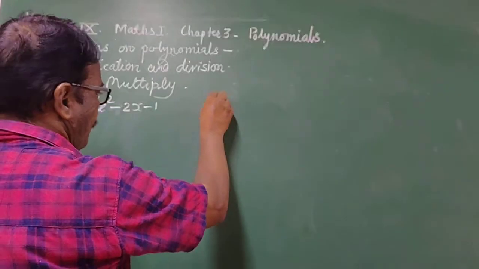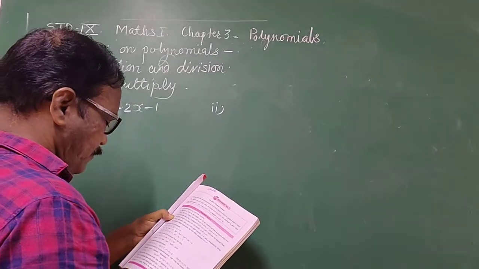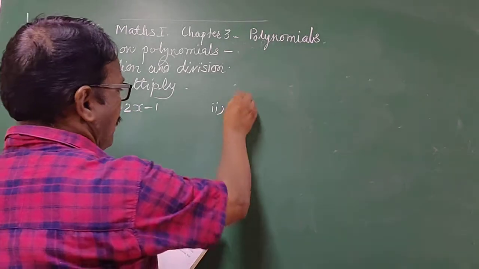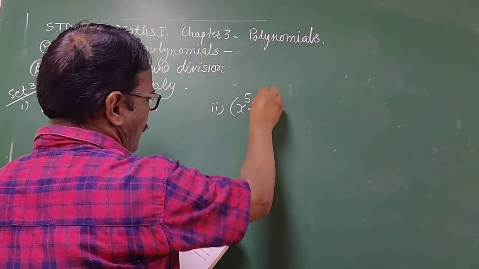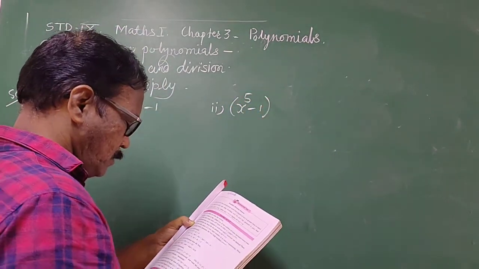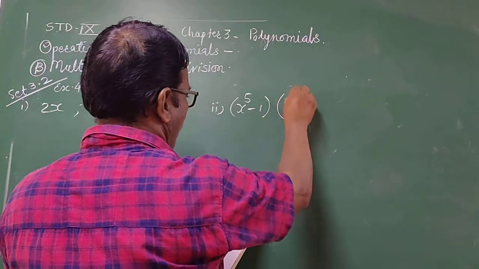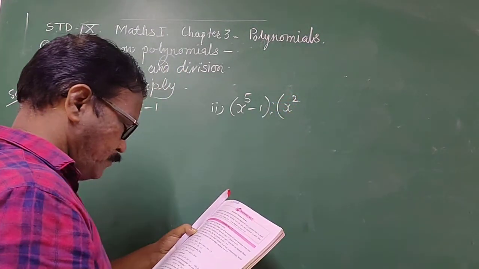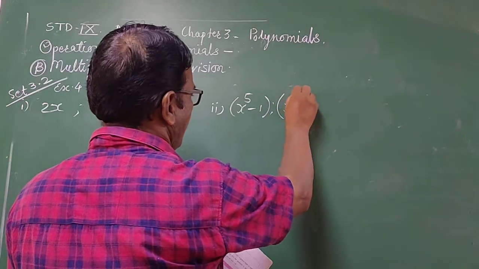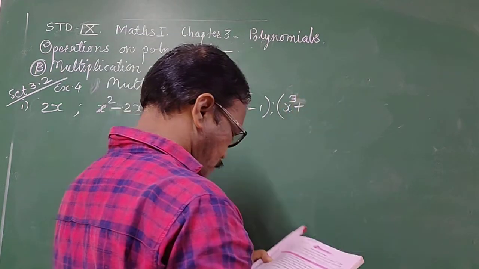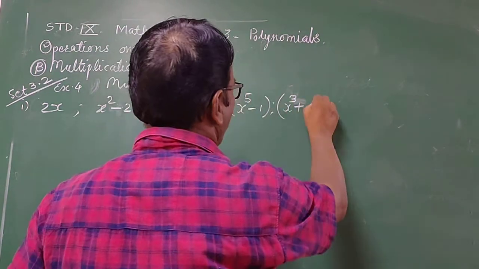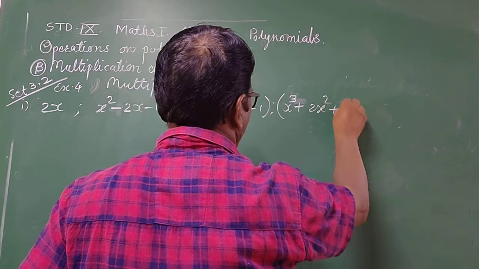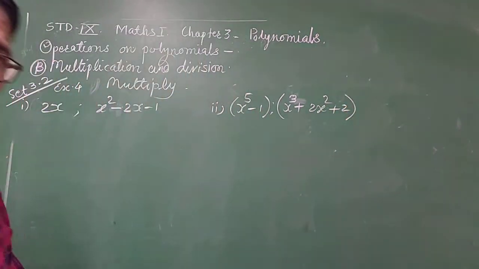Second, x raised to 5 minus 1, and another is x cube plus 2x square plus 2. These are two examples.